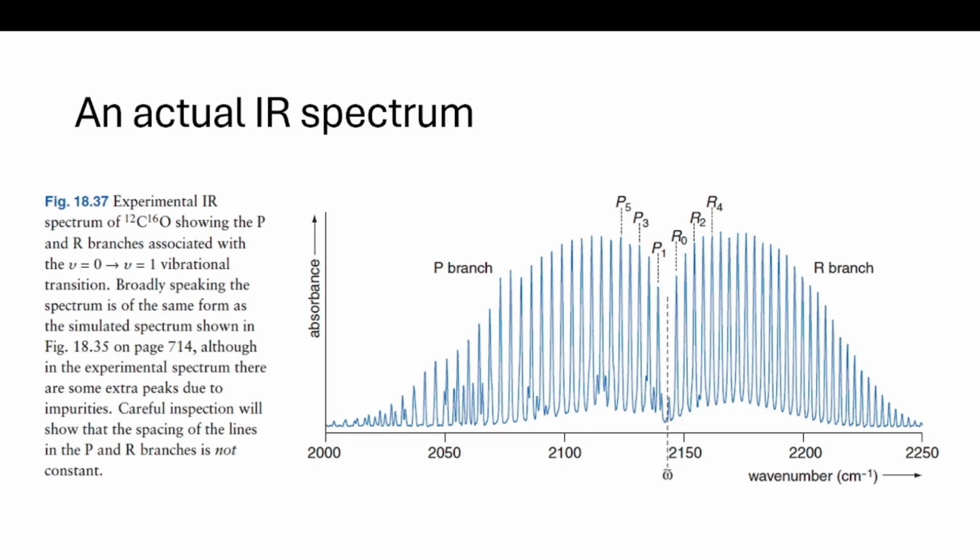And in fact, we can use this to both simulate and actually base our IR spectra off of that. So, for example, with carbon monoxide, we get both different rotational and vibrational energy levels that correspond to these different peaks. And that central line in the middle, that's going to be the angular velocity.